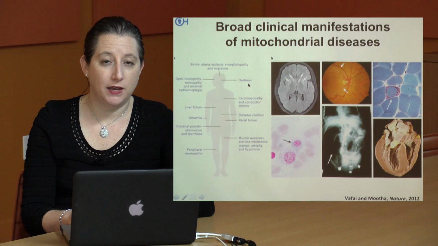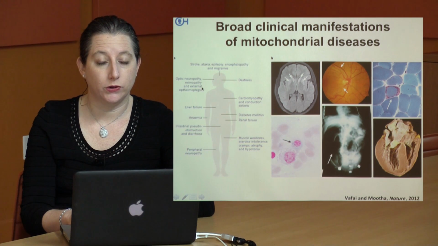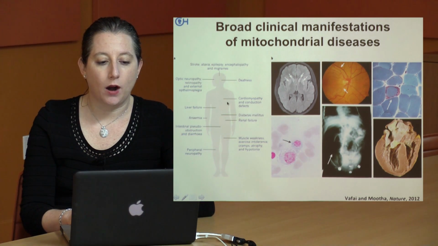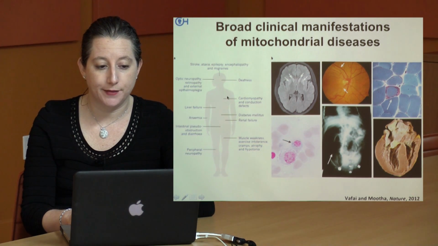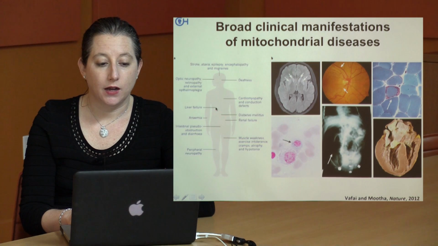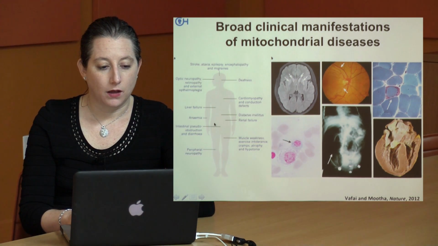Up to 80% of patients develop sensorineural hearing loss over the course of their disease. Optic nerve, retina, eye muscle, and eye drooping, a disorder called ptosis, are very common in mitochondrial disease. Heart problems, including arrhythmias, conduction defects, and cardiomyopathies, are very common. Liver dysfunction and failure is less common, but can be quite severe.